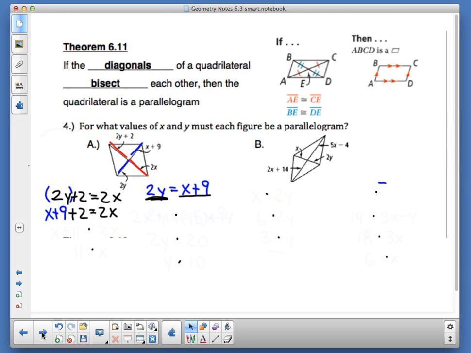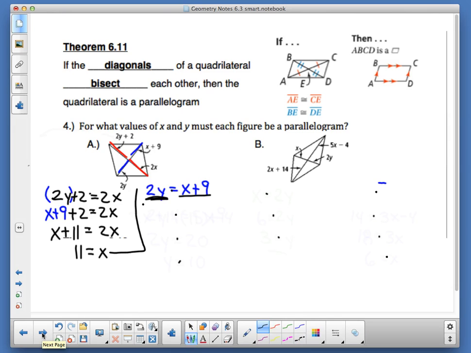I could have, but then I would have had fractions, but 2y is still 2y, and I'm substituting in 2y is equal to x plus 9. So it works. I get x plus 11 is equal to 2x. I subtract x, and x is 11. Now, I use that in my other relationship. Remember, I use both relationships when solving a system. I use one to substitute, and then I substitute my answer back in to find my other value.